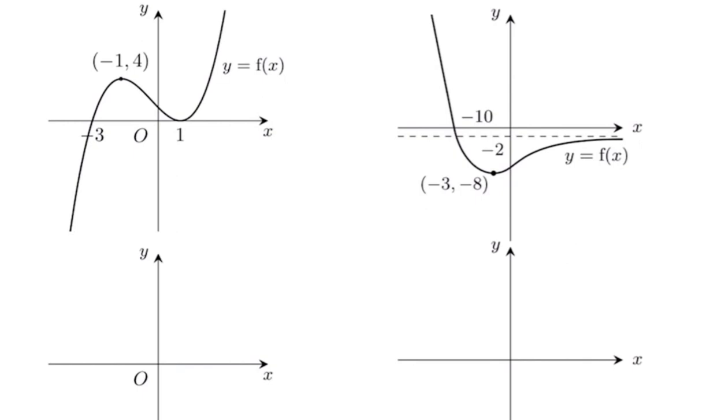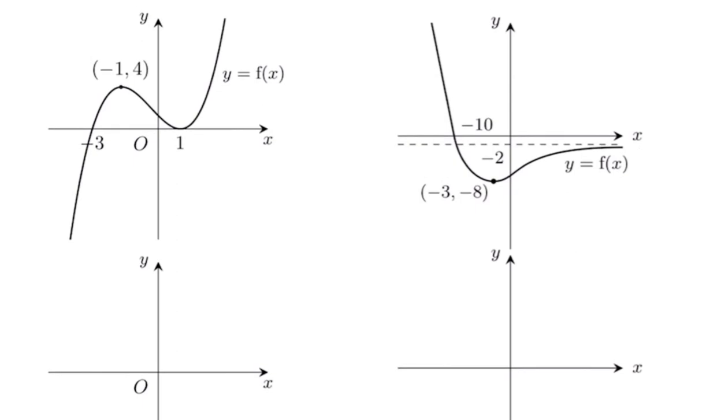Okay, so let's have a look at these two. I'm just going to draw them in pink so they stand out. So the first one, I've got a stationary point when x is -1. So I'm going to map that down here and put that there. I've got another stationary point there when x is 1. I'm going to put that there.